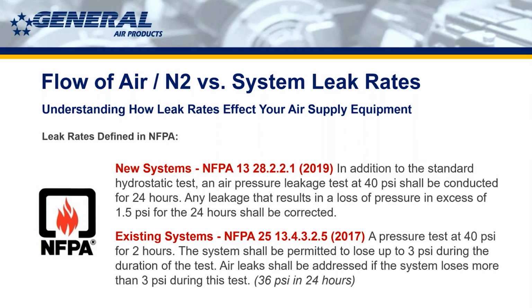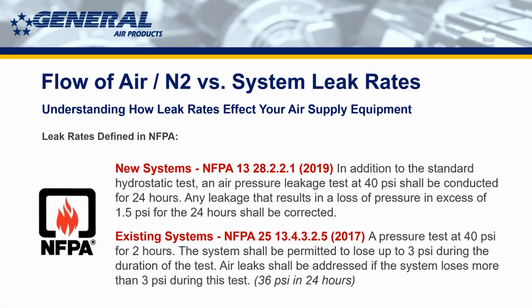And these are important because when you get a project form from any of the nitrogen manufacturers, and this includes General Air Products, there's a checkbox on there. We ask for all kinds of information. We need your contact information. We need your customer's contact. We need the amount of systems.